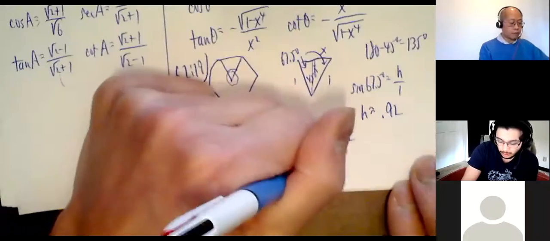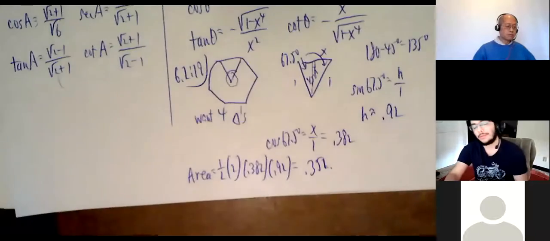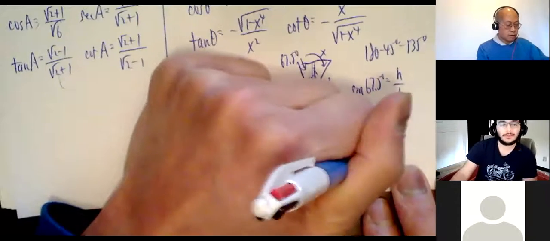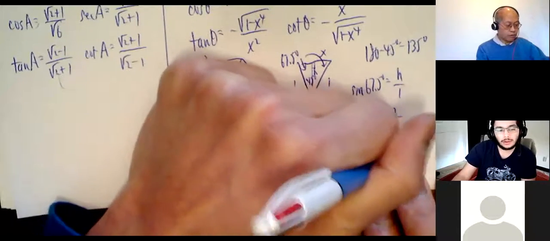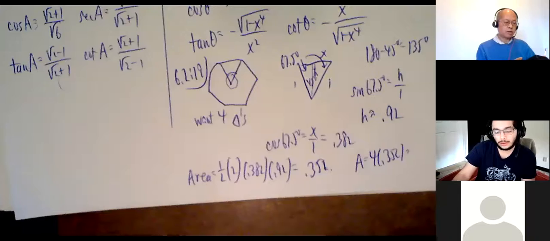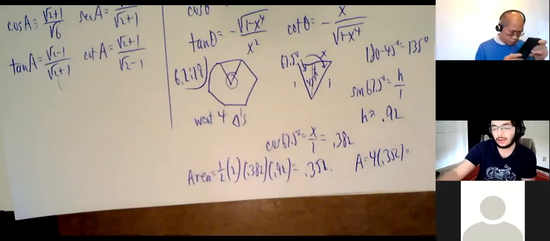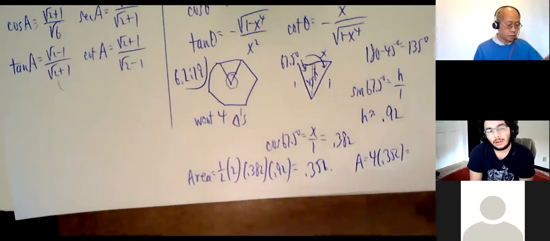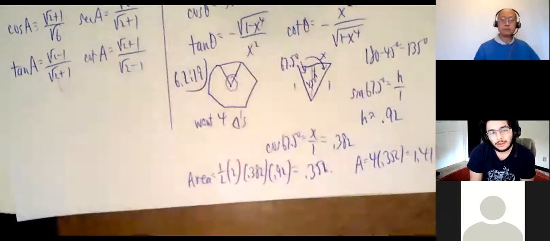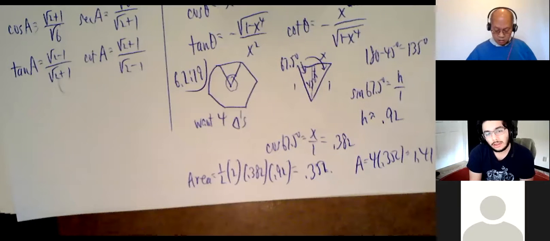That's the area of one of them. Okay, they gave us 4 of them. So the area is 4 times 0.352, which is approximately 1.41.